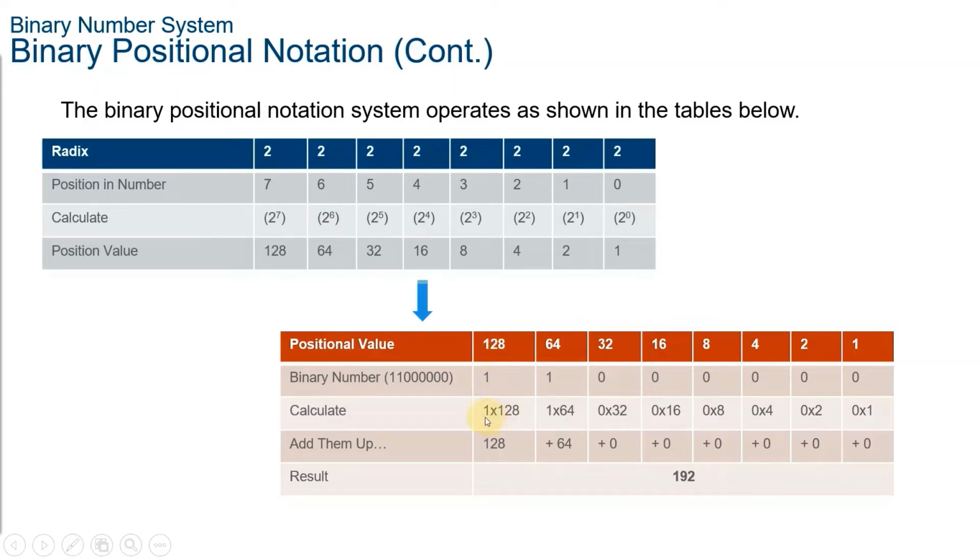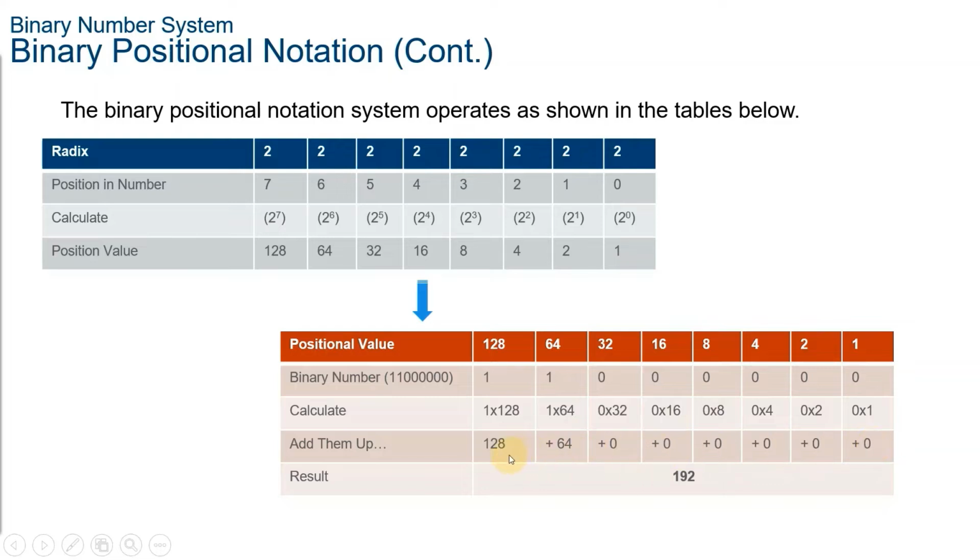So that would give you 1 times 128 is 128. And then this is also 1, so 1 times 64 gives you 64. 0 times 32 is of course 0, since any number multiplied by 0 yields 0.